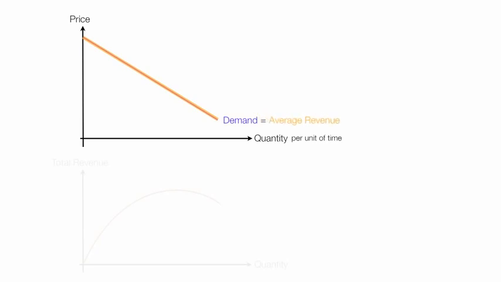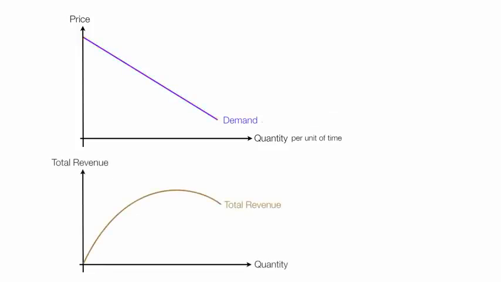Marginal revenue is always a little tricky. I'm going to do that one now. Marginal revenue is the change in total revenue due to a change in quantity. And change, I'll use a little delta sign, the Greek letter for delta.